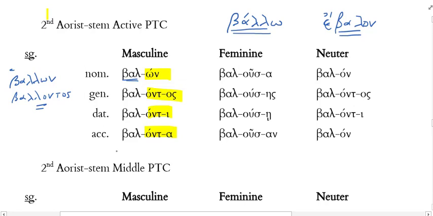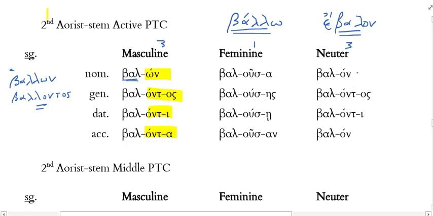So I haven't given you the plural forms, just the singular ones, but let's read the singular forms for masculine, feminine, neuter. Ready? Balon, balontas, balonti, balonta. And then for the feminines, we go from third declension to first declension, right? Balusa, baluses, baluse, balusan. And then neuter, we're back to third declension.